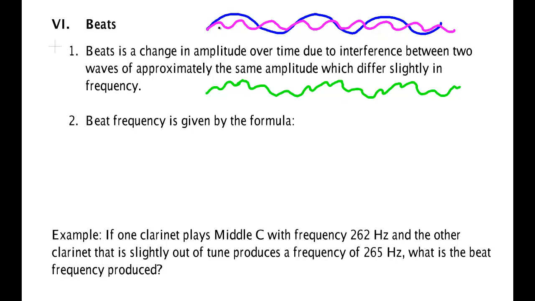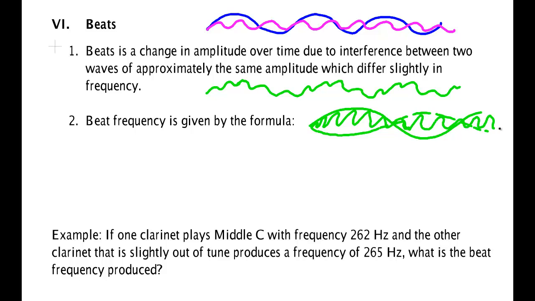But what happens if the two waves are close together and about the same in amplitude is that you get a wave that follows the basic wave pattern, but whose amplitude can vary at a slower rate.